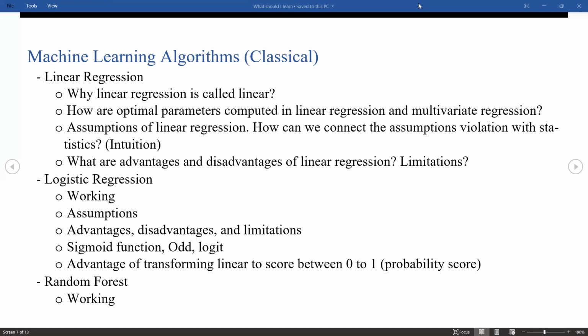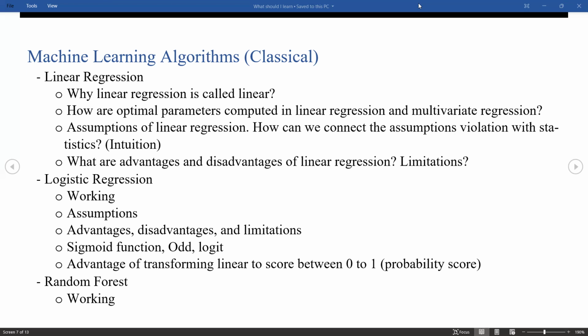If you know about probability, then you know a probability can be between 0 and 1. So in a way, logit and odds or the sigmoid function, all these concepts put together help you to transform a linear value from minus infinity to plus infinity onto the scale of 0 to 1, or in terms of a probability score.